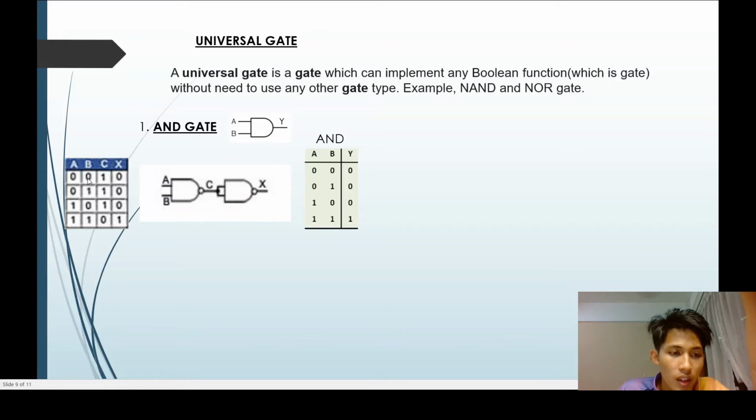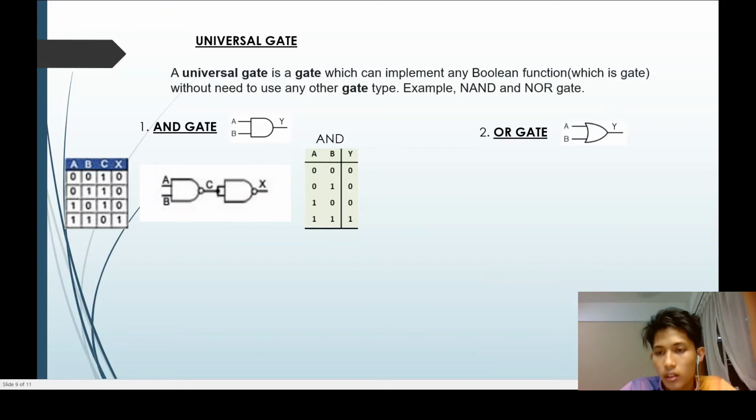We can see that the inputs are the same, 0 0, 0 1, 1 0, 1 1. So this is the result, and this is the result. We can see that it is the same. So it means that NAND gates can produce the AND gate. This is the arrangement of the NAND gates.